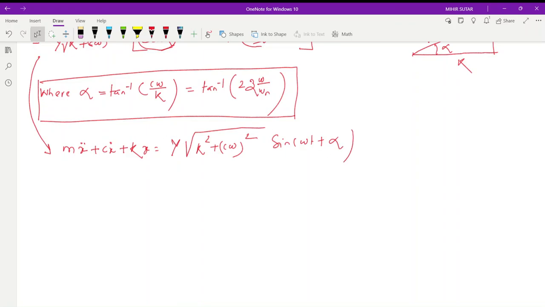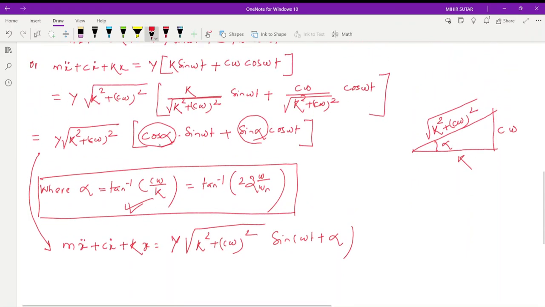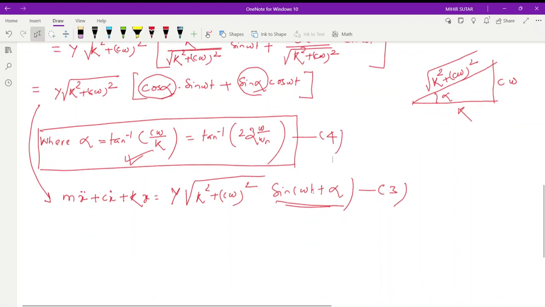So from this we got the value of alpha here, because we have cos alpha sin omega t plus sin alpha cos omega t. So it becomes sin (omega t plus alpha) here, where the value of alpha is written here. So we can say this one is our equation 3, this is equation 4.